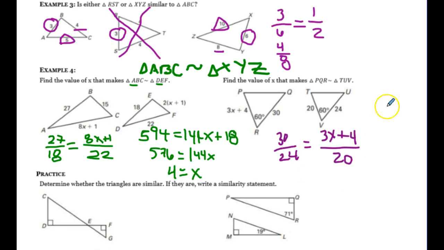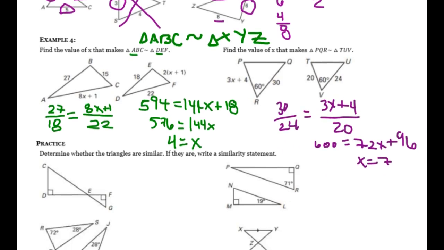So I know that 600 is going to be 72x plus 96. And now I just need to solve that equation. So x equals 7. And that's all you got to do.